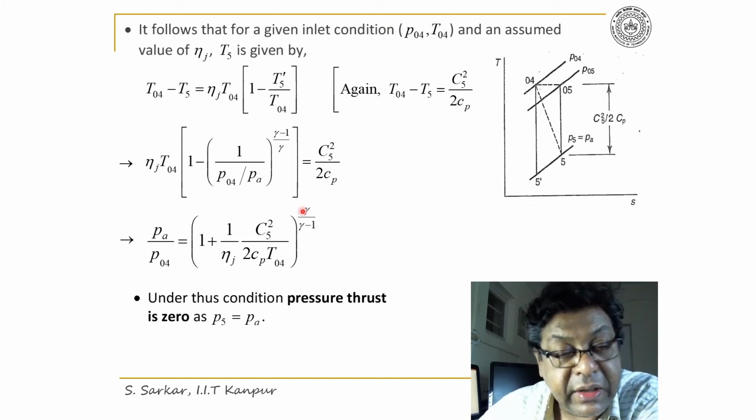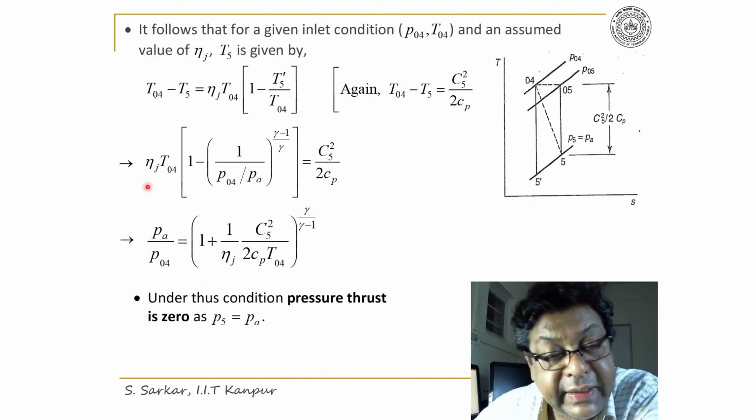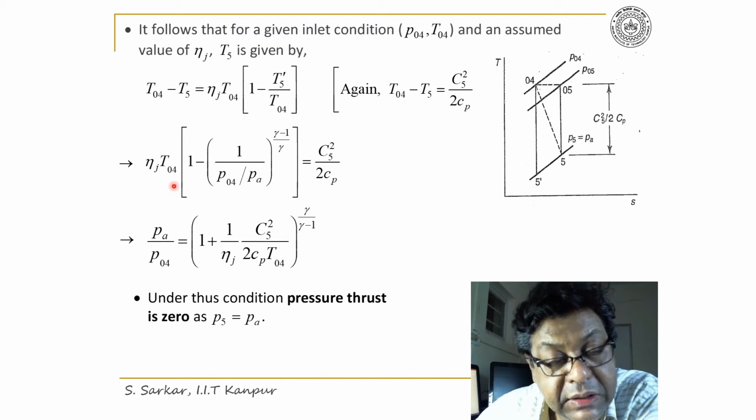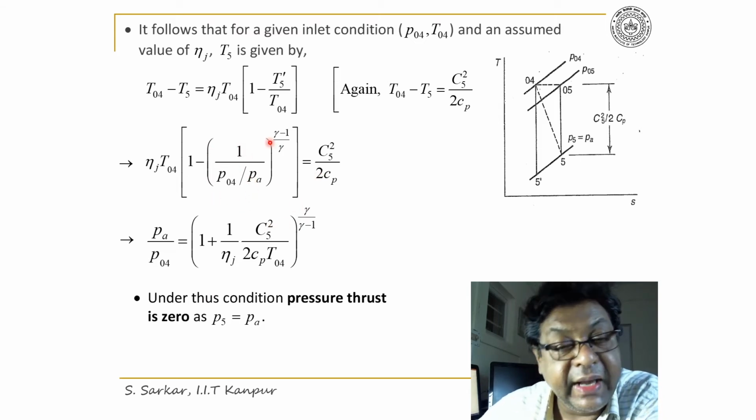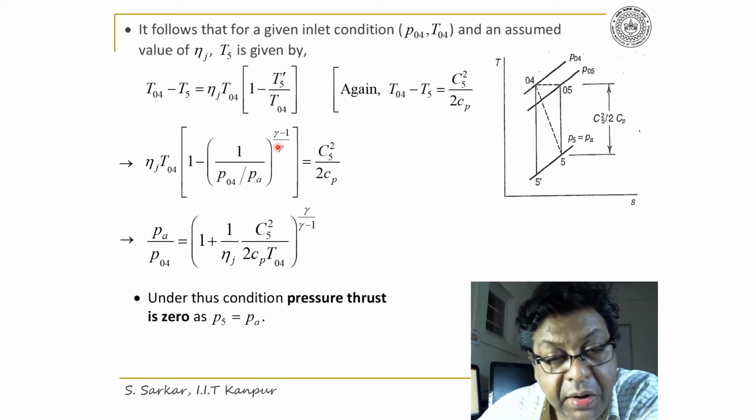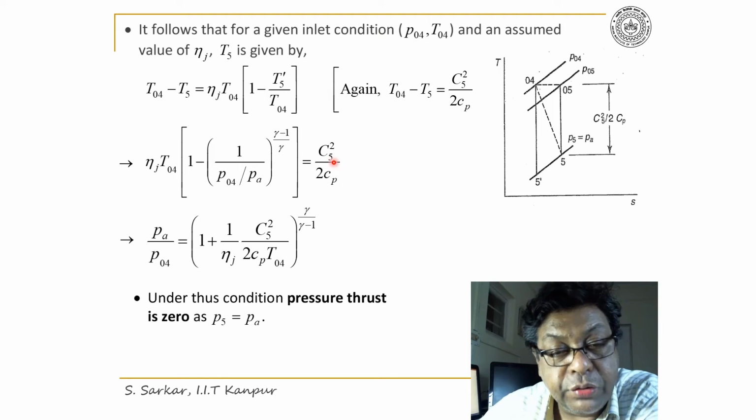Thus, we can write that eta J into T04 within bracket 1 minus 1 divided by P04 by Pa to the power gamma minus 1 divided by gamma, equal to C5 squared by twice Cp.